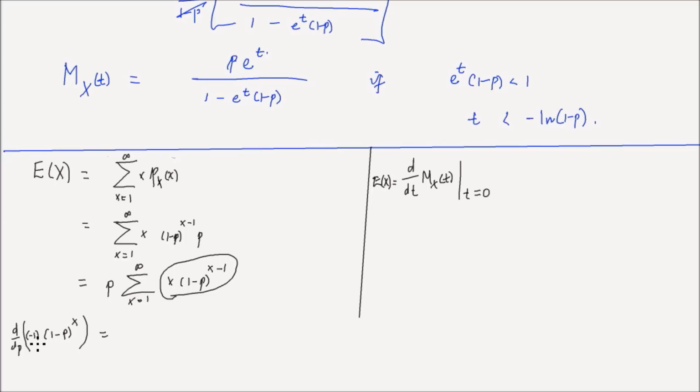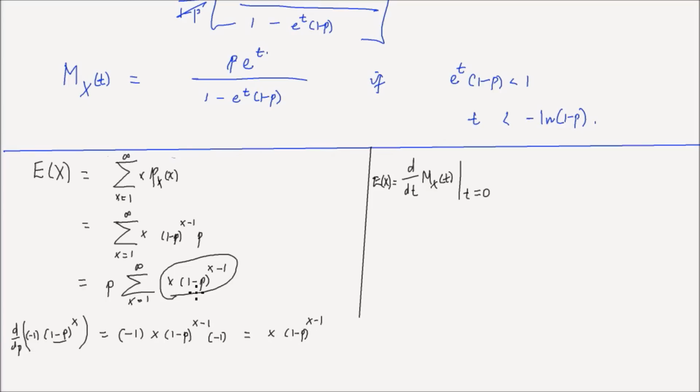So let's take the derivative. So this is minus 1 times the derivative of 1 minus p to the power of x, which is x times 1 minus p to the power of x minus 1 times the derivative of the inside function 1 minus p with respect to p. The derivative of 1 minus p with respect to p is negative 1. So I have negative 1, that's going to be positive. So I have x times 1 minus p to the power of x minus 1.